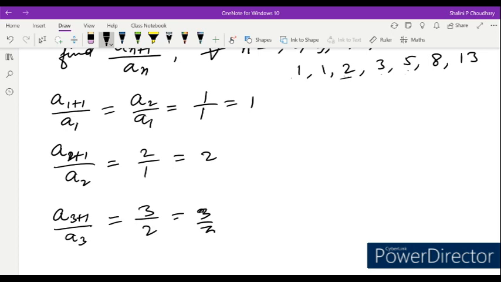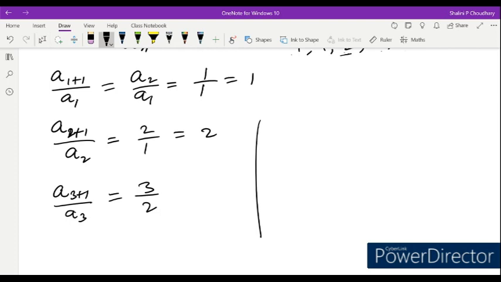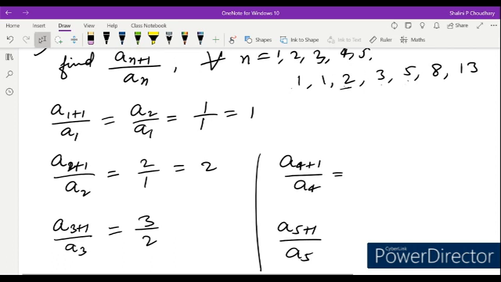Okay, now next is a5 upon a4, then a6 upon a5. So a4 upon 1 will be a5, 1, 2, 3, 4, 5. This one is fifth. And 5 upon 3. And this one is 8 upon 5.